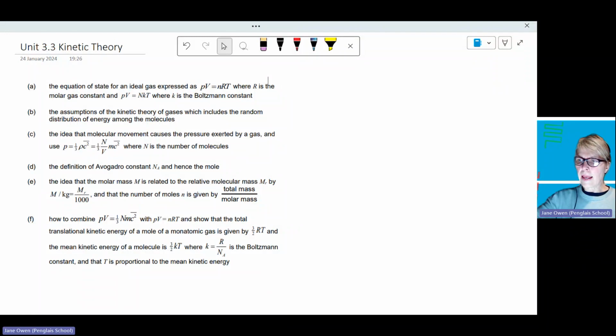Let's start with A, the equation of state and how we get that PV equals nRT.